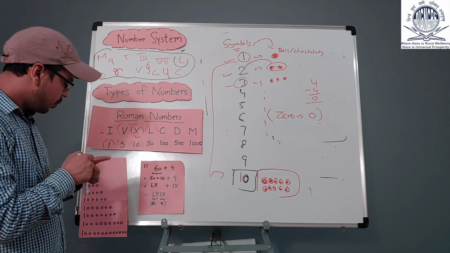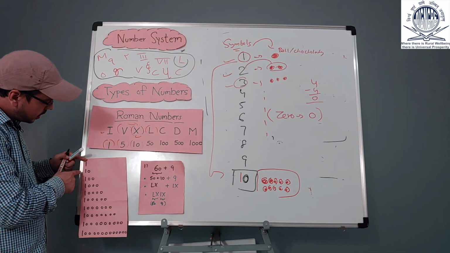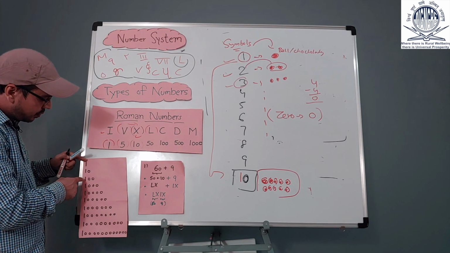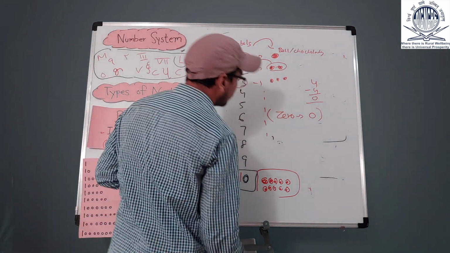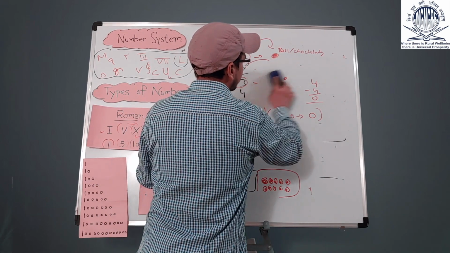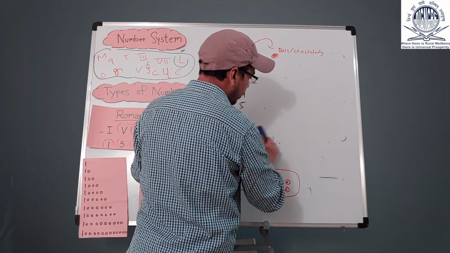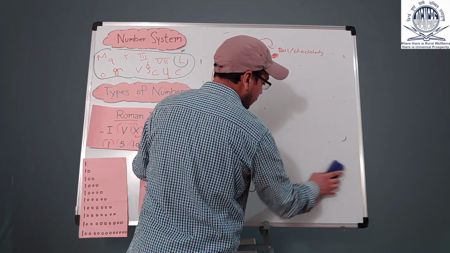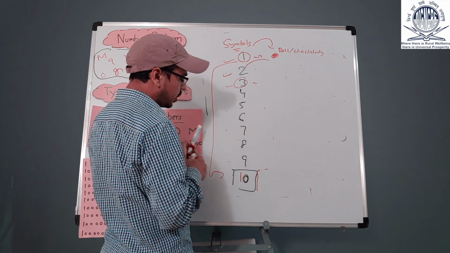Now we may want to look at this chart, that we first had 1, then we had 10, then we had 100. So what happened when we got this 100 symbol? This essentially means that our whole counting system increases.